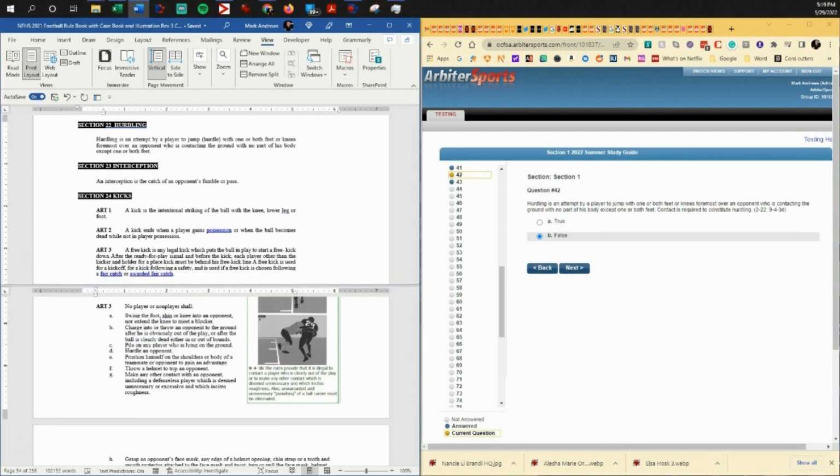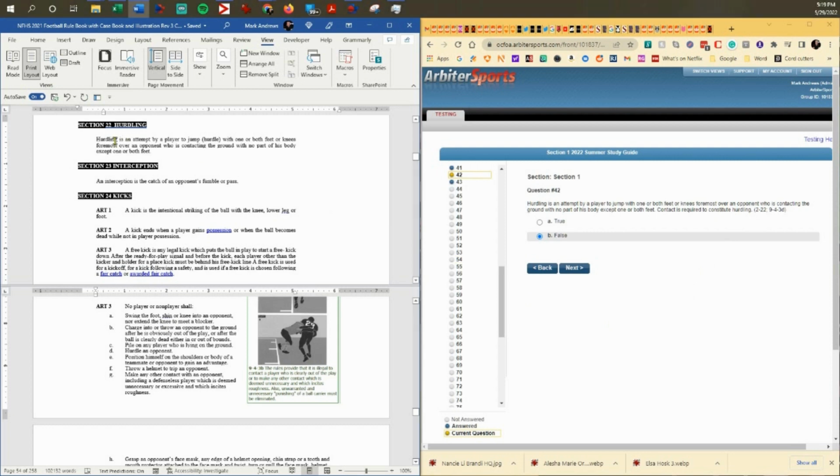Okay, question 42. Hurdling is an attempt by a player to jump with one or both feet or knees foremost over an opponent who is contacting the ground with no part of his body except one or both feet. Contact is required to constitute hurdling. So if we look at the definitions, this is Rule 2, guys.